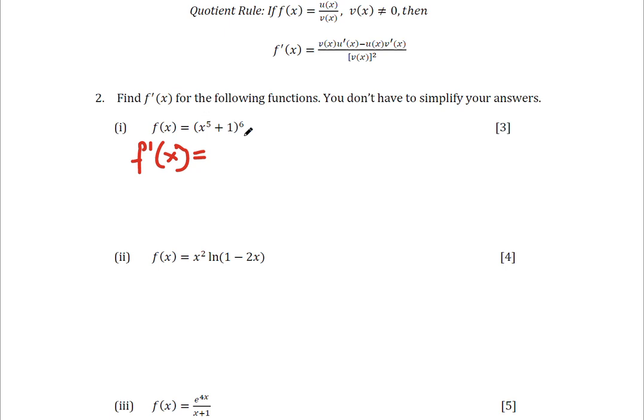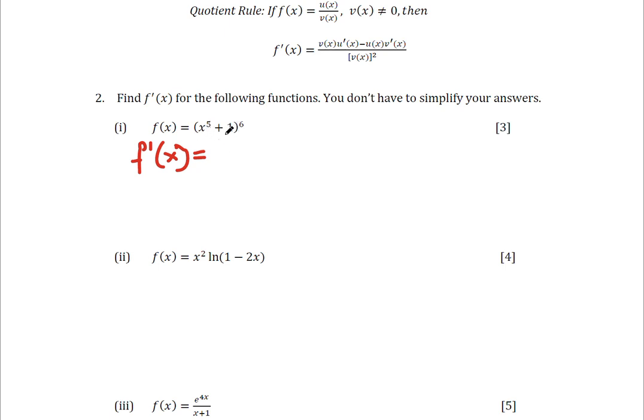So the chain rule can be applied in differentiating this function, f of x equal x to the fifth plus 1 all raised to the sixth power. And that is because the chain rule is extremely potent in differentiating bracketed functions which are raised to powers other than 1, like this is.